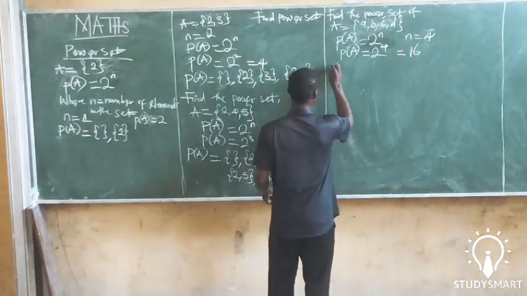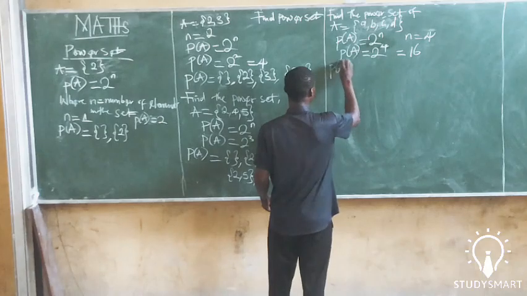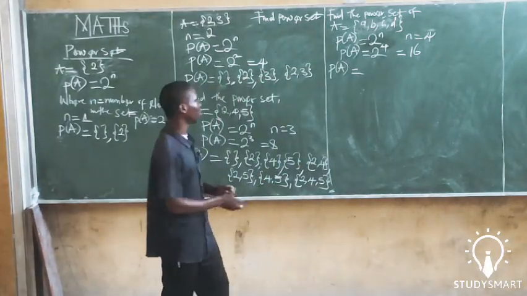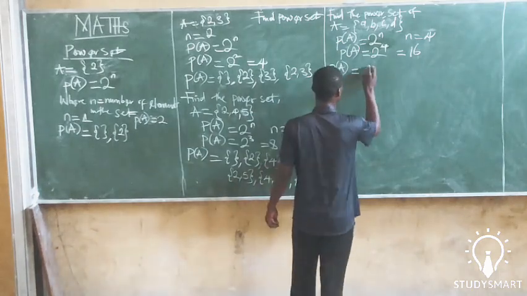So now let's start by listing out the subsets. We are going to start from an empty set. Don't forget, always start with an empty set.